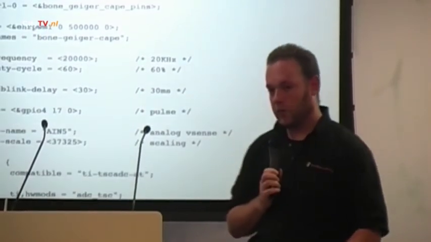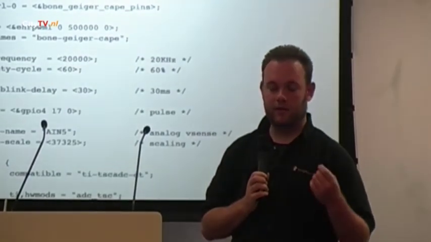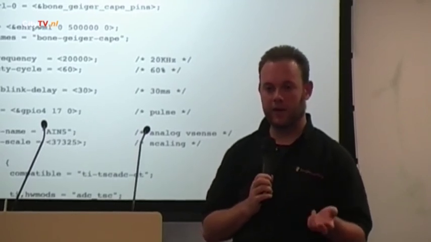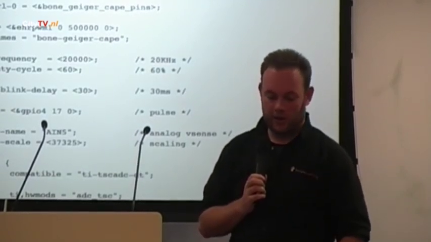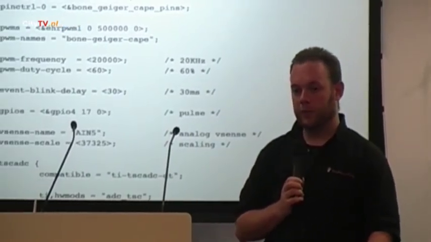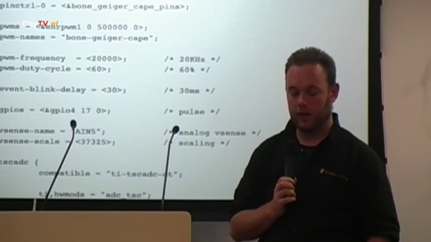And what we noticed, for example, the Geiger counter cape, it generates a few pulses per minute depending on how radioactive it is. So this is one of the few things we did have to write a driver for. So we hooked it to a GPIO interrupt, and every time there's a pulse, we activate a counter, and that works quite well.